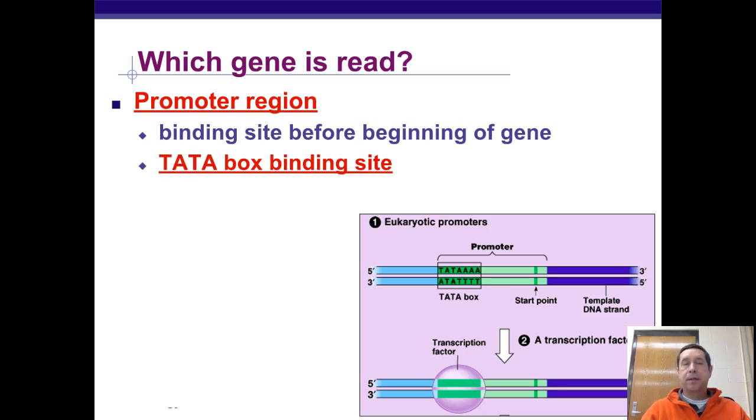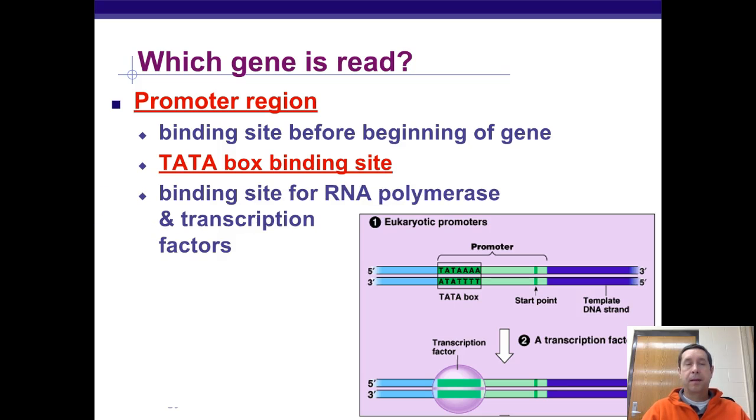Part of the promoter region is something called a TATA box binding site. It's just an area that has a bunch of A's and T's in a certain sequence. There are transcription factors that also bind that help to increase the rate of transcription or things like that. We'll talk more about those again later.